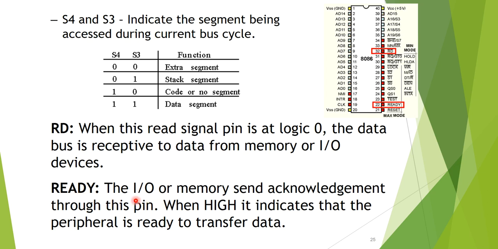The ready signal is used when the microprocessor is communicating with a slower peripheral device. The input output or the memory device sends the acknowledge through this pin. If the input output or the memory device is ready for the communication, then it sends an acknowledge signal through this pin.